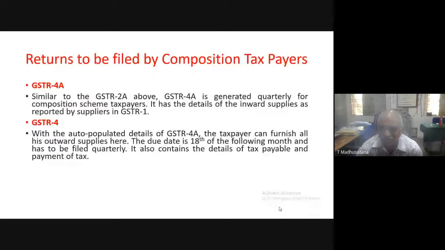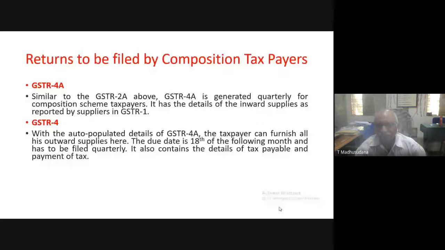It also contains the details of tax payable and payment of tax. Okay, so GSTR 4 is an auto-populated form. That means the information will be taken from the GSTR 4A. The taxpayer can furnish all his outward supplies here in the GSTR 4.